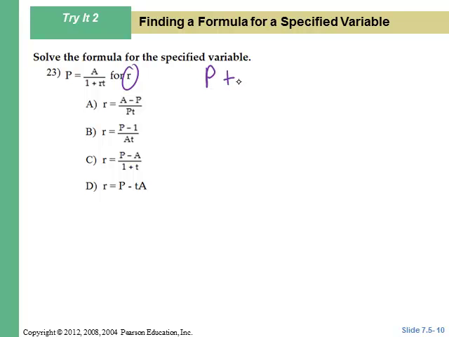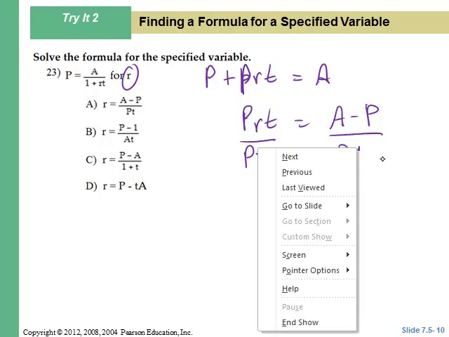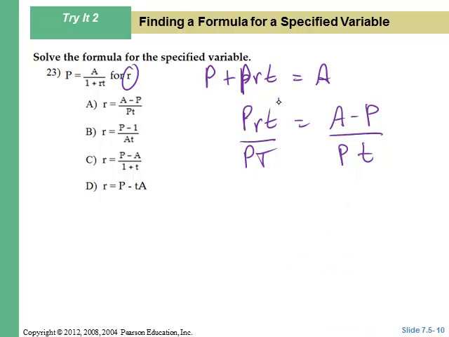We have P plus PRT equals A. That should be a capital P. Subtract P from both sides, so we have PRT equals A minus P. Divide both sides by PT. We have r equals A minus P over PT.